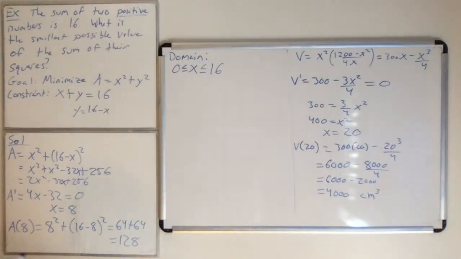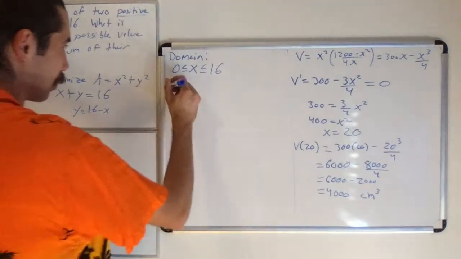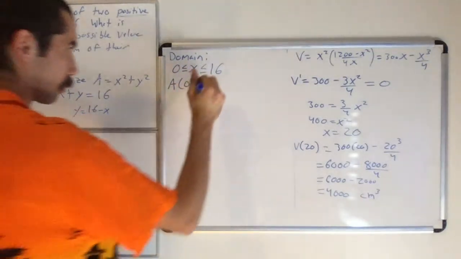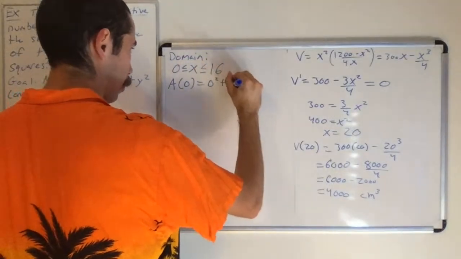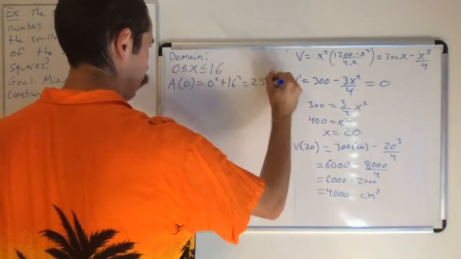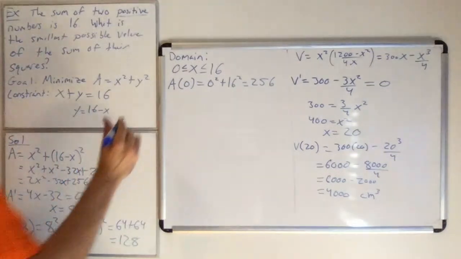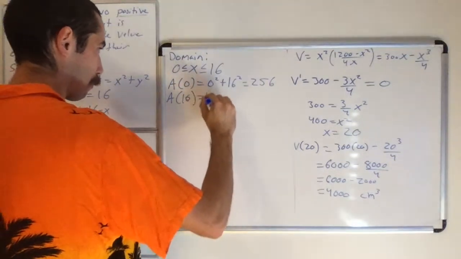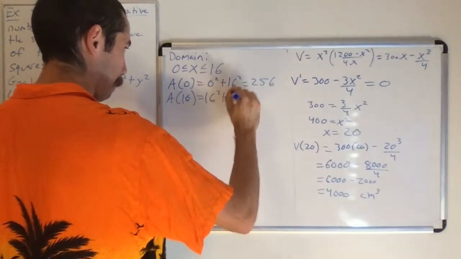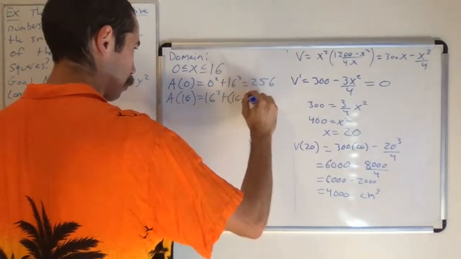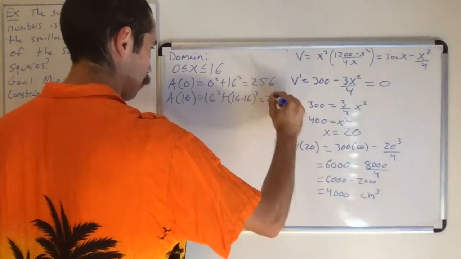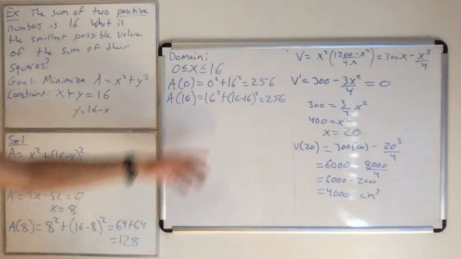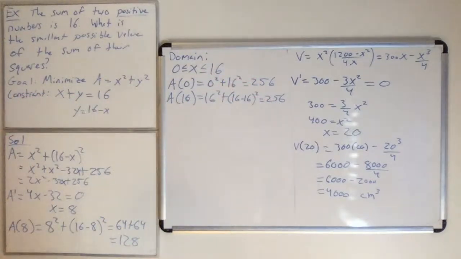Right, and now we should check our endpoints just to make sure we actually did get a minimum. And we did. Yeah, 128 is smaller than 256, both times.